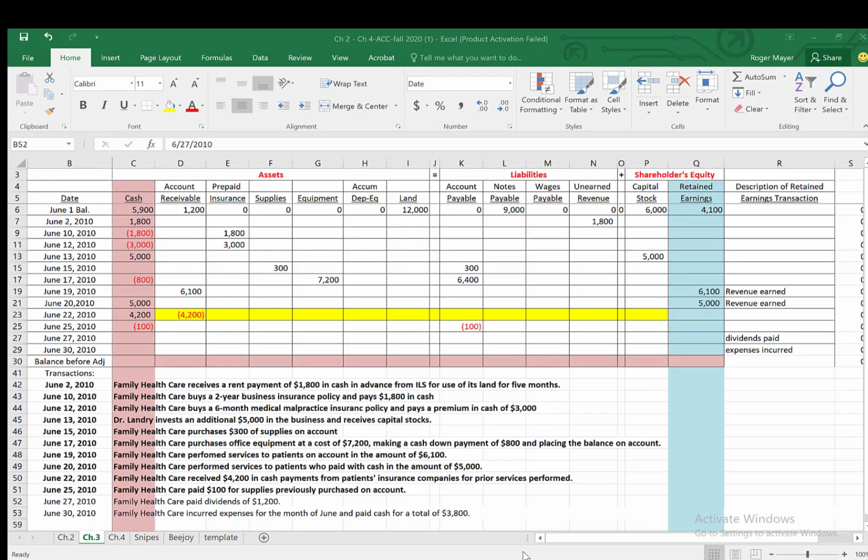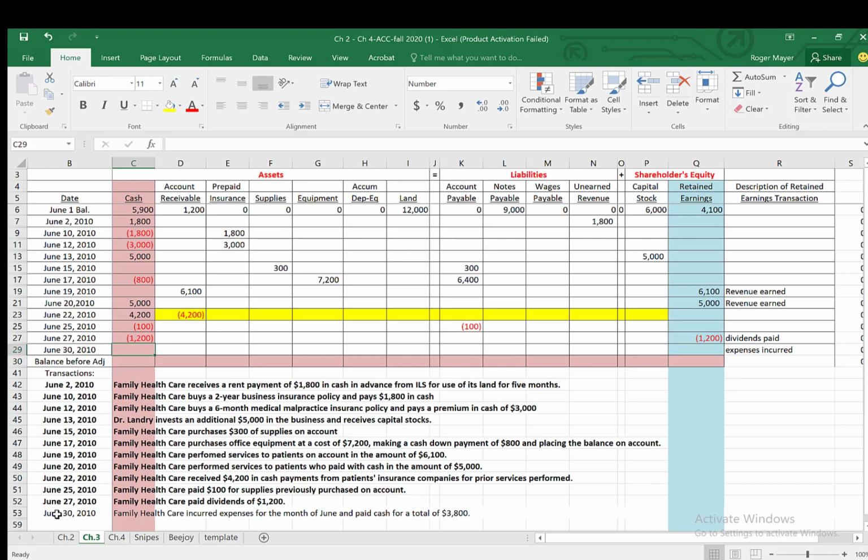In our next transaction, on June 27th, Family Healthcare pays a dividend of $1,200. This dividend is paid to our sole owner, Dr. Landry. So we have a cash payment of $1,200, and dividends represent a decrease in retained earnings. It's not an expense, but it is considered a decrease in retained earnings.